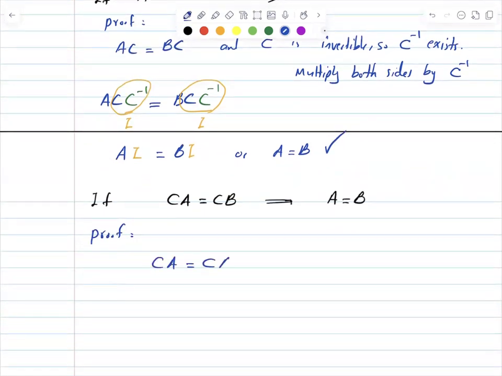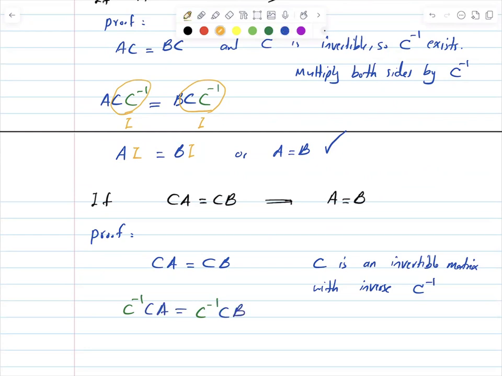CA is equal to CB, and C is an invertible matrix with inverse denoted by inverse C. So if we multiply both sides by inverse of C with the same argument, you end up with the inverse of C multiplied by C, which is the identity matrix.